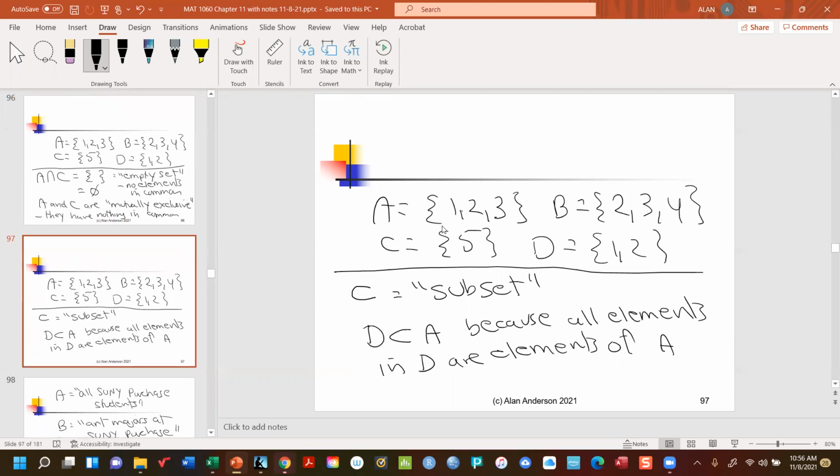Now here's an interesting idea, this notion of subset. Now, I know it looks like a C. It's hard to draw it without making it look like a C. Let me see if I can tighten this up a little. This symbol is read as subset. And so one set, let me put a definition up here.